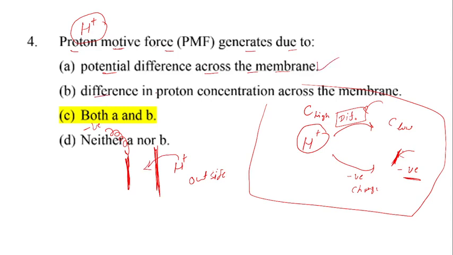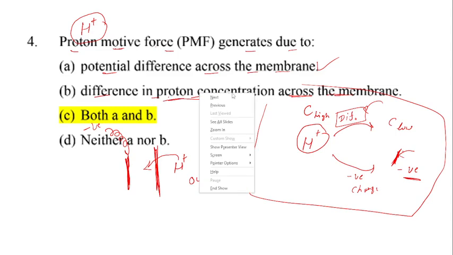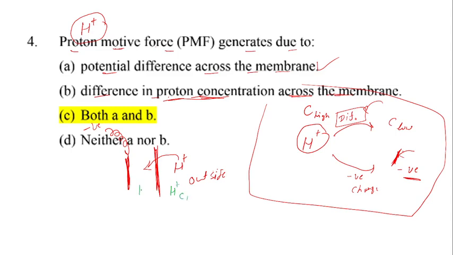Second, difference in proton concentration across the membrane. What is this? This is nothing but diffusion, because of the difference in proton concentration. See, suppose here H plus has C1 concentration and here H plus has C2 concentration.